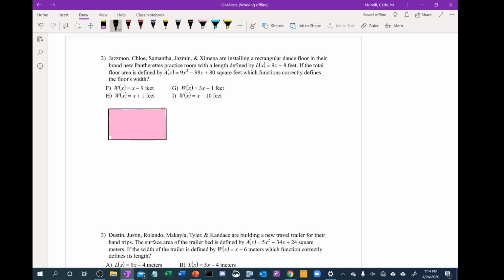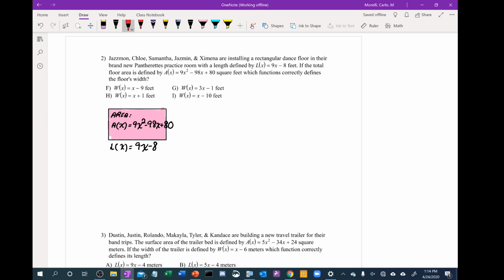And so the area is defined by the function A of x equals 9x squared minus 98x plus 80. And what else are we given? We're given the length. We're given that L of x for length equals 9x minus 8.